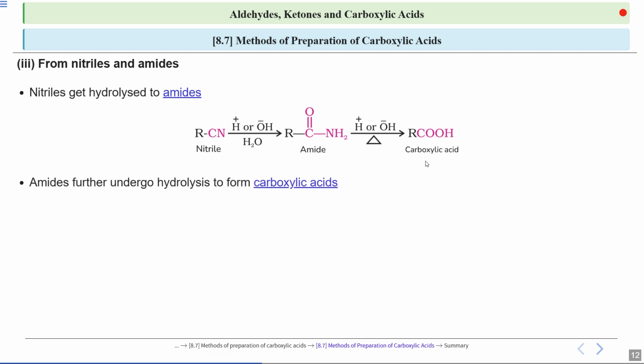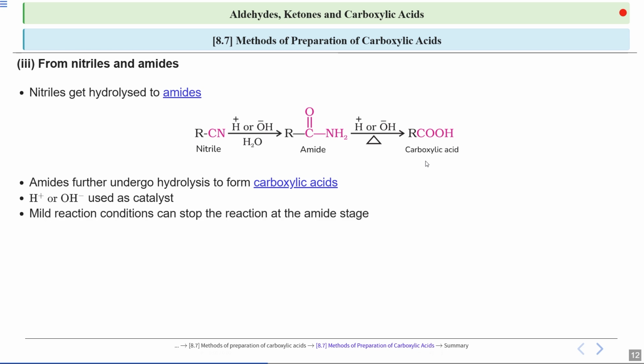Once we have the amide, it can undergo further hydrolysis to form carboxylic acids. To facilitate this reaction, we use H plus or OH minus ions as a catalyst. These catalysts help us speed up the reaction without getting consumed in the process.